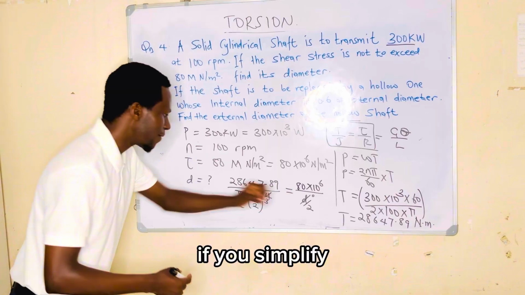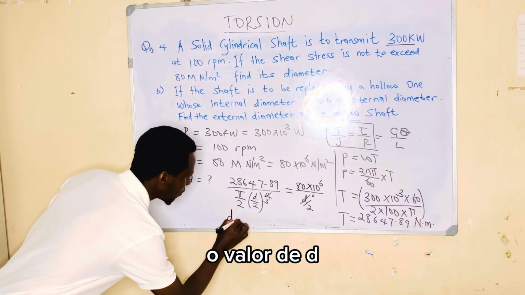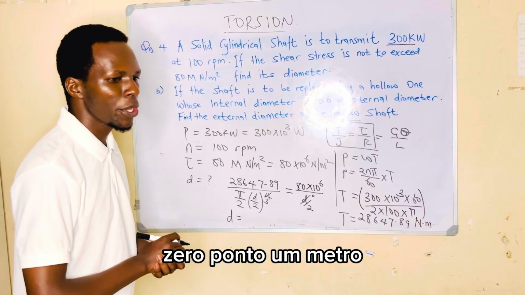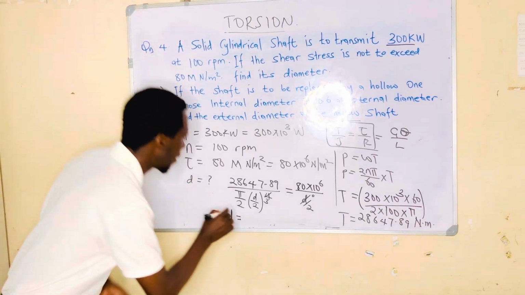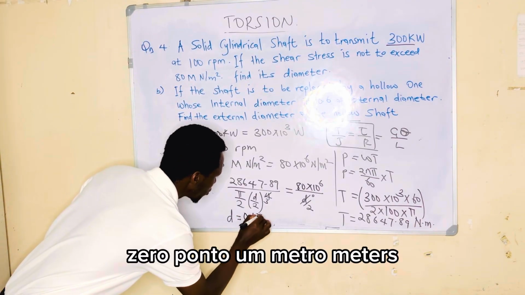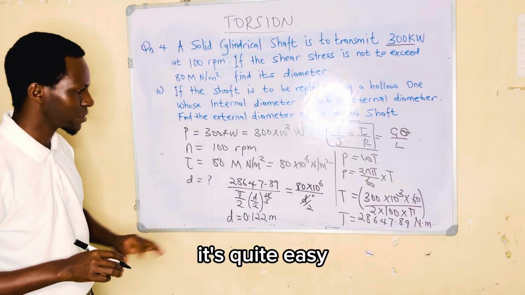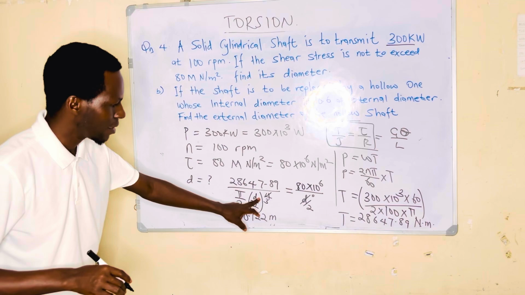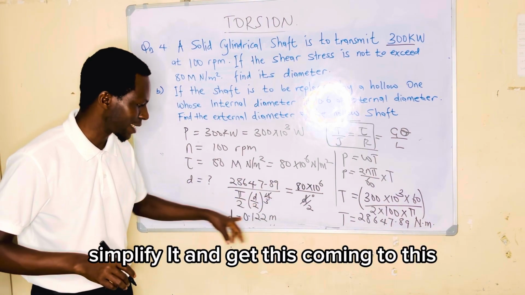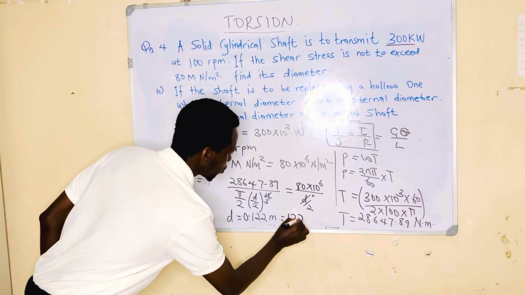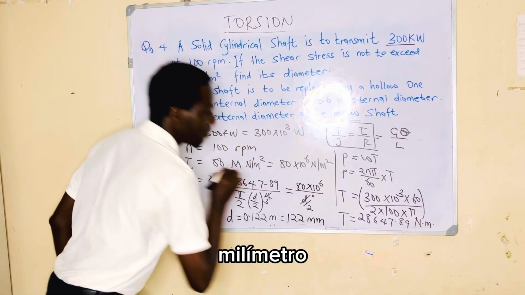So if you simplify, the value of D comes to be 0.122 meter. Please try to simplify this. It's quite easy. Just raise this to power 4, simplify it, and D comes to this, which is also equivalent to 122 millimeters.